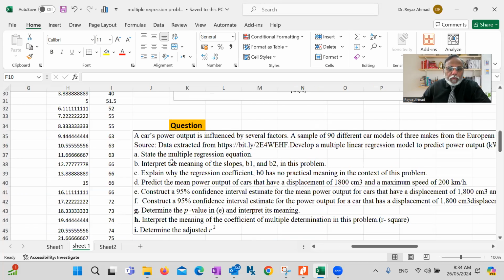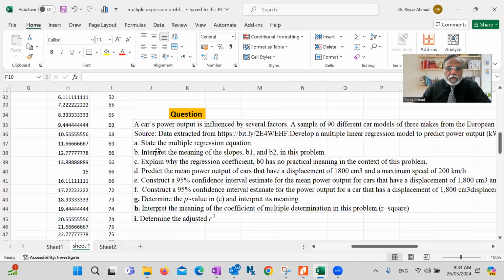And then you have to answer these questions: state the multiple regression equation, interpret the meaning of the slopes B1 and B2 in this problem, explain why the regression coefficient B0 has no practical meaning, and then predict the power output for a particular value of maximum speed and displacement.